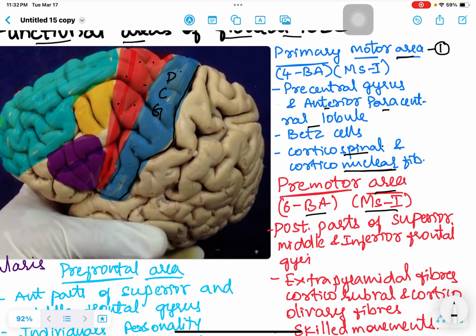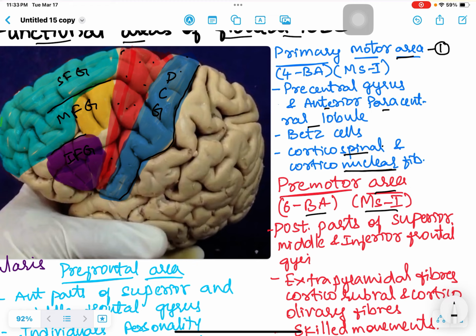This is present in the posterior parts of the superior, middle and inferior frontal gyrus. So this is the superior frontal sulcus and inferior frontal sulcus. This is the superior frontal gyrus, this is the middle frontal gyrus, and this is the inferior frontal gyrus. In the posterior parts of these gyri, you will see the premotor area.